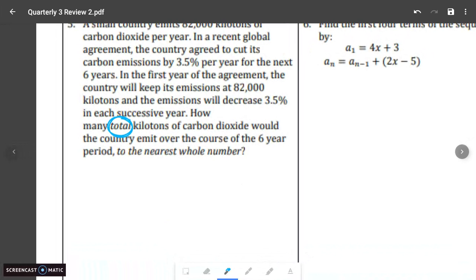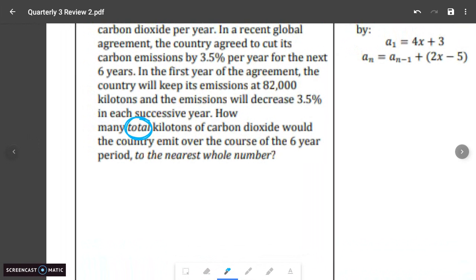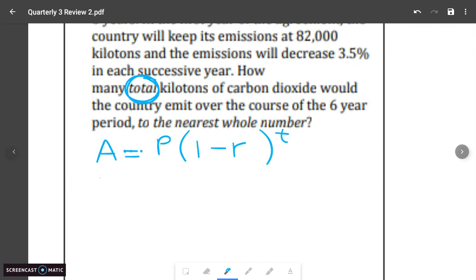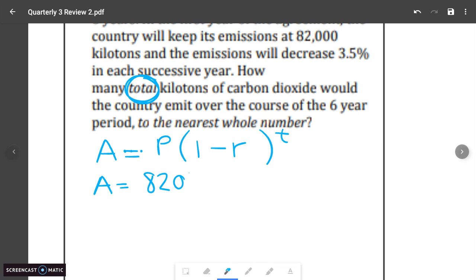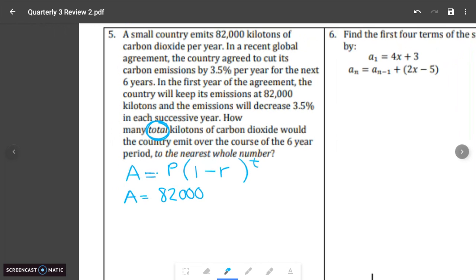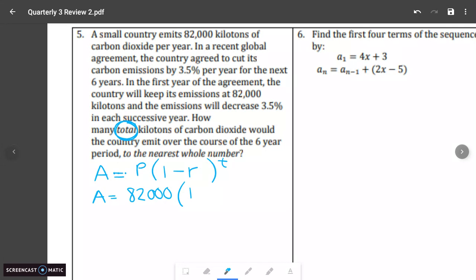So let's just think about what this would look like first. If it was just a regular decay, which is what we're trying to do, it would look like A equals 82,000 times 1 subtract 0.035 per year. Now, we don't want to know just what the 6th year is.